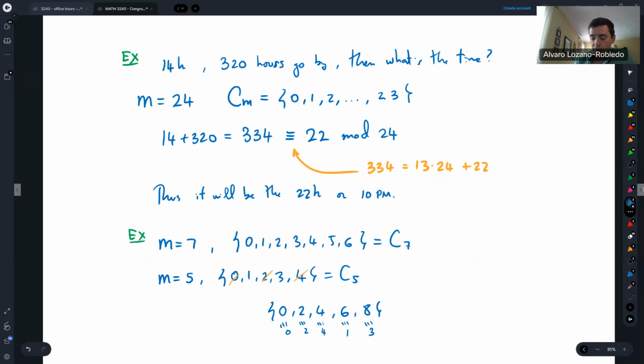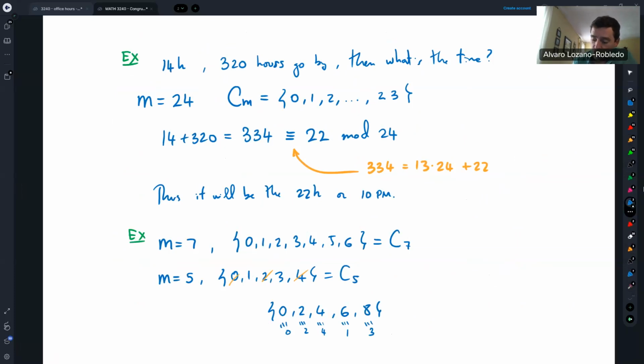So you see now I have 0, 1, 2, 3, and 4. So this set also contains one class of every congruence. They are not the least non-negative residues, but now it's a set such that every number is congruent to one of these, but these are all even numbers, and sometimes that is important. We'll see that, for example, when we do the proof of Fermat's little theorem.